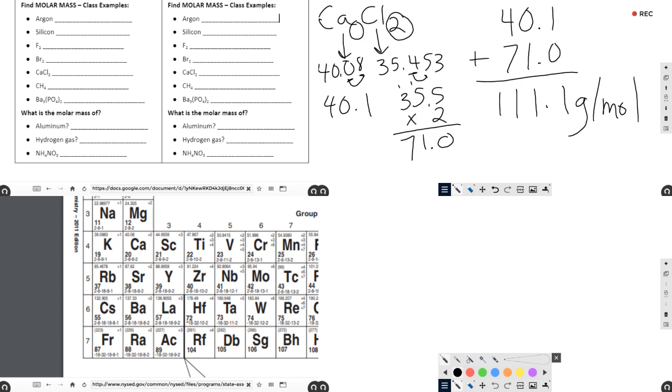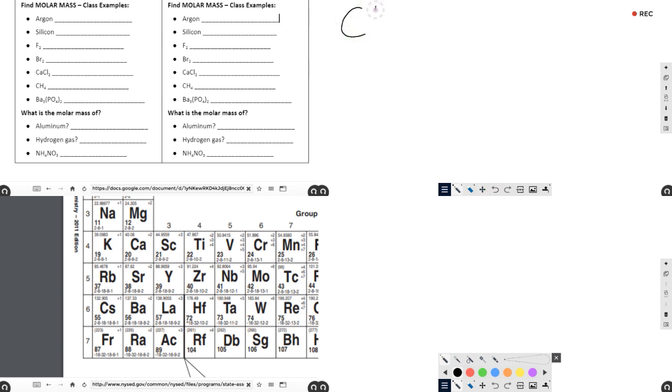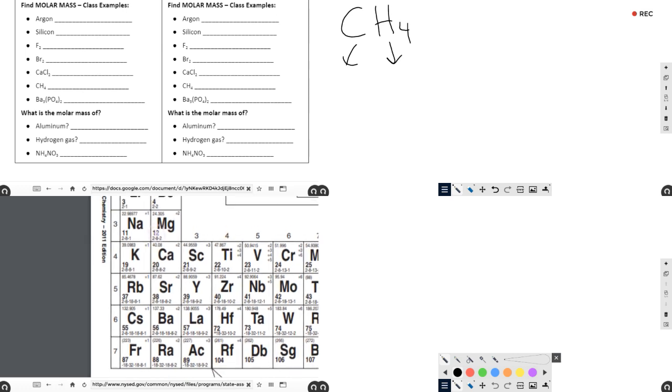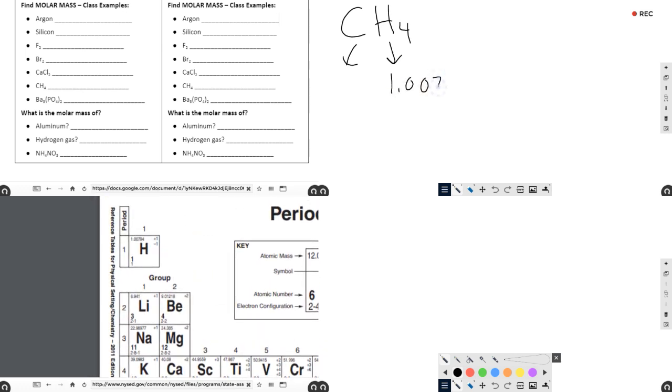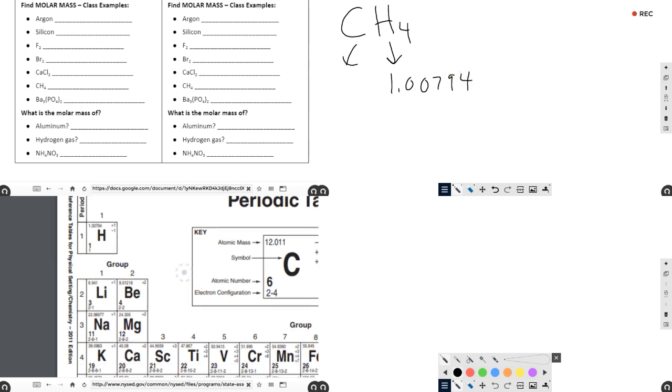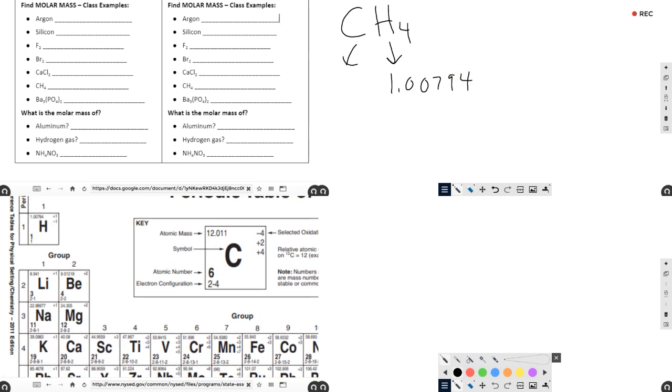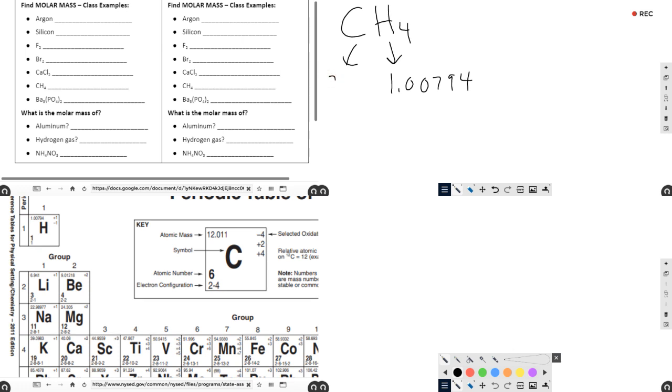Okay. All right. So the next one is CH4. So I need C and I need H. Okay. Well, H is on this side, so let's grab it first. 1.00794, and then for C, which I can get right up here at the key, 12.011. Round to this place, right, tenths place.